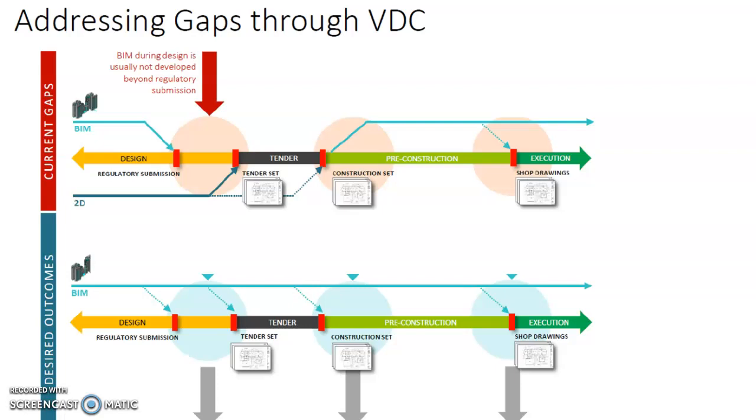While that is good, it can be further enhanced to make the whole delivery of the project more effective through VDC. What the VDC guide hopes to do is to allow project stakeholders, through using VDC, to carry BIM over beyond the submission stage to the authorities and hand it over effectively to the downstream stakeholders for them to use.